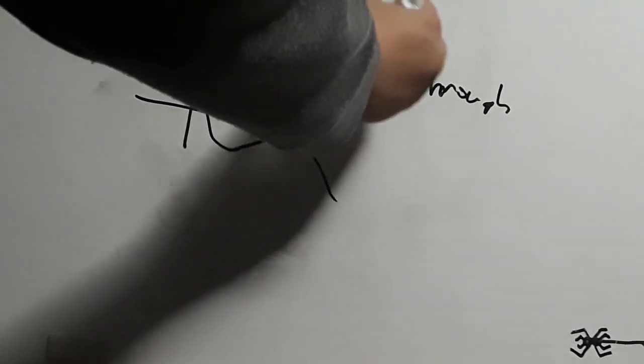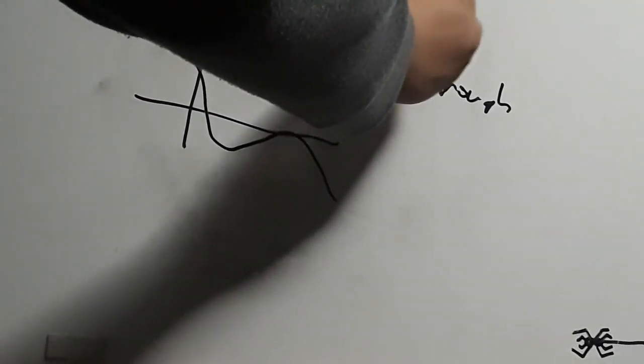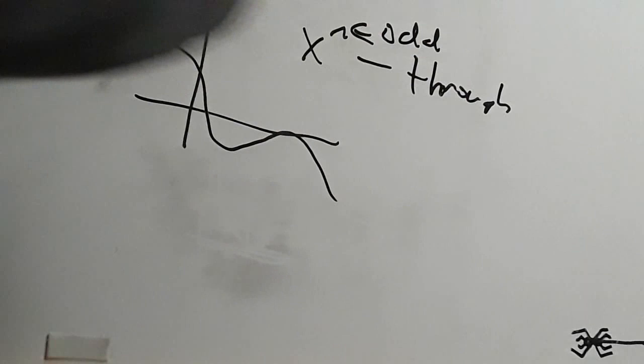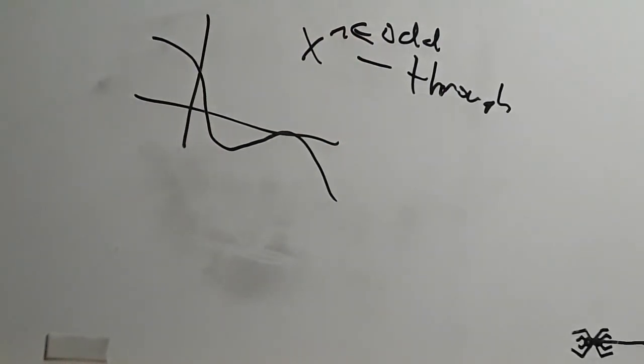And we're going to partition this all integers by saying n is an element. An element just means it's a part of that group. Odd. So when x to the n power is odd, that goes through. This works for integers.